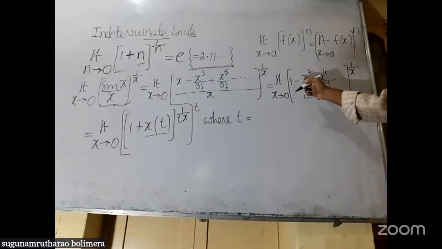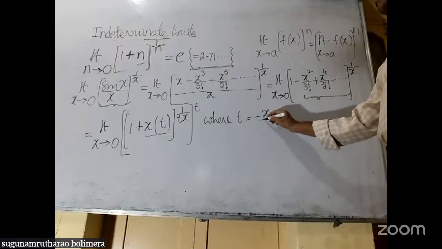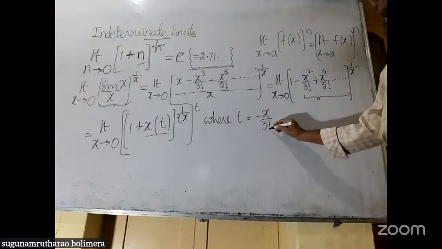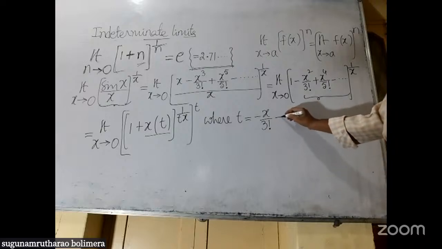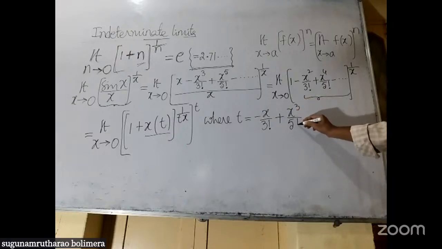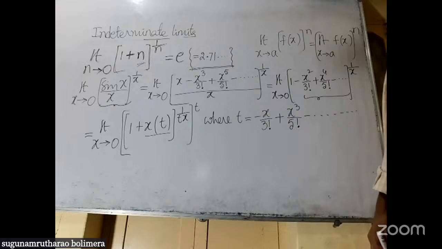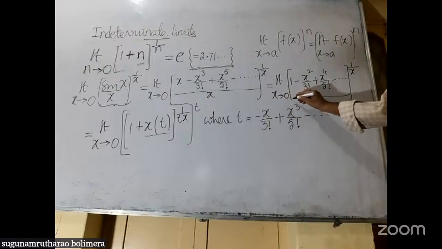So the x taken common is equal to minus x by 3 factorial plus x cube by 5 factorial minus 1, where t equals to this one. Okay.